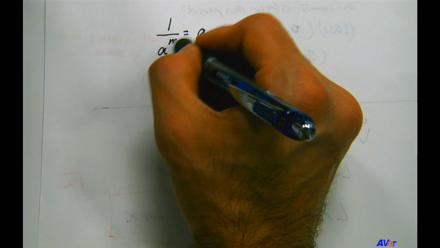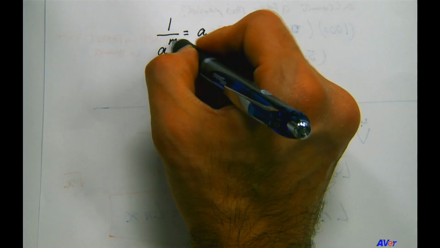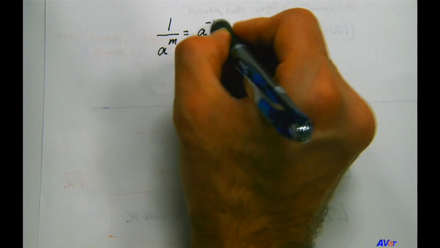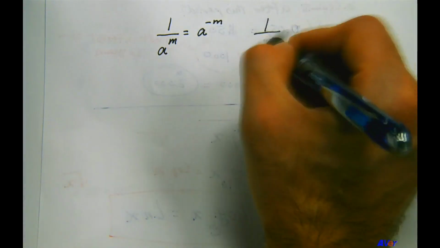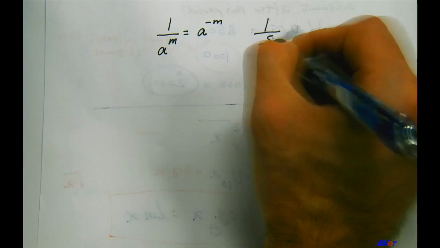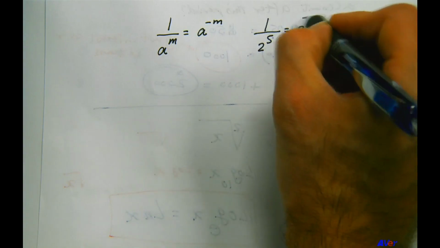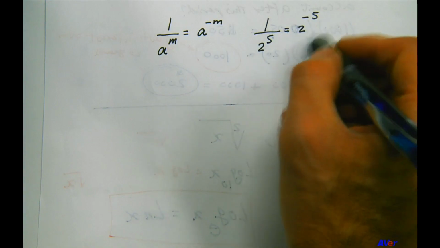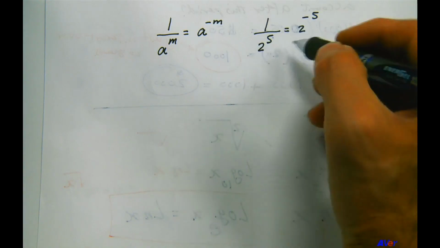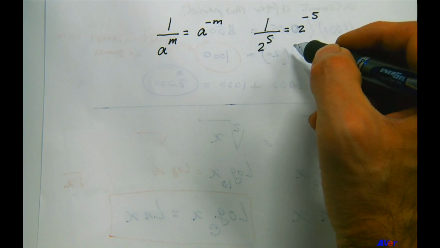But in doing so, this power changes algebraic sign. So it becomes like that. So if you have 1 over 2 to the 5th, you can write this as 2 to the negative 5. You can do this with any kind of exponent in the numerator or denominator, but you have to make sure that it makes sense doing so.